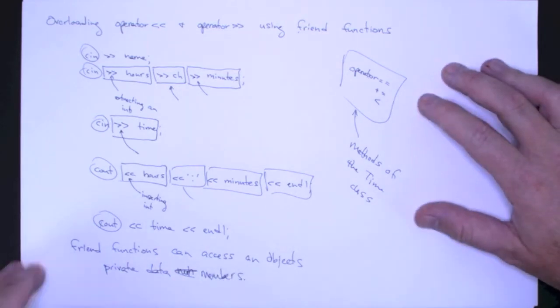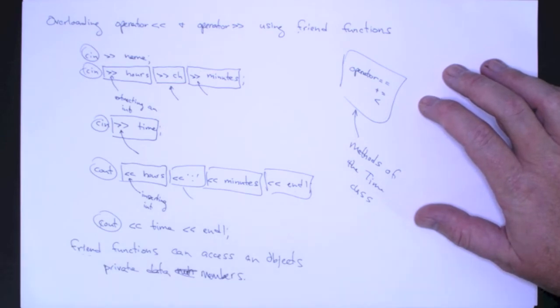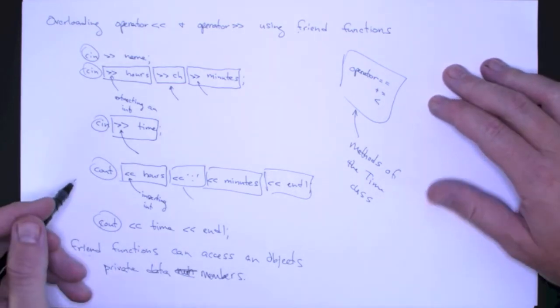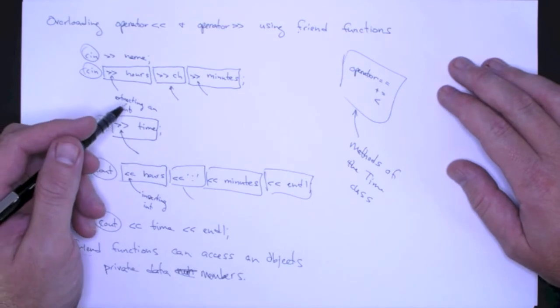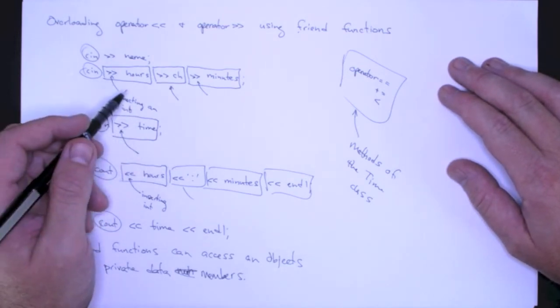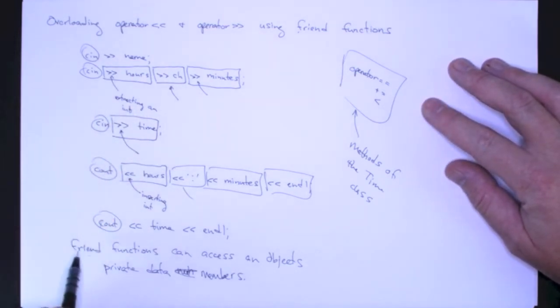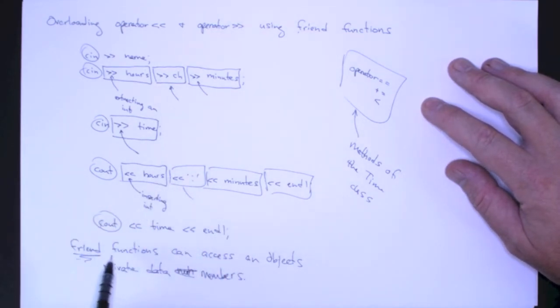Okay, so now there's some controversy about friend functions. We just spent all this time putting data members in the private section, implementing a public interface, and now with the use of one keyword, friend, we're going to give these functions access to the private data members. So there's a little bit of controversy about whether the notion of friendship is a good idea, and you can decide. You can certainly implement these functions by using the get and set methods, but we're using friend functions first of all so you can learn about them.